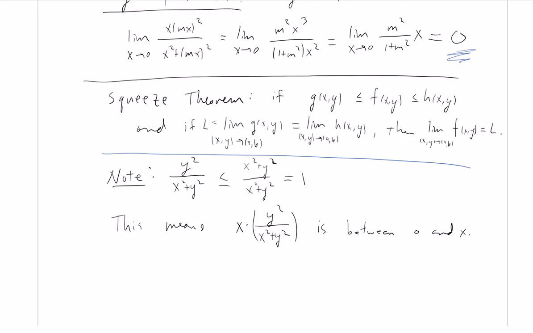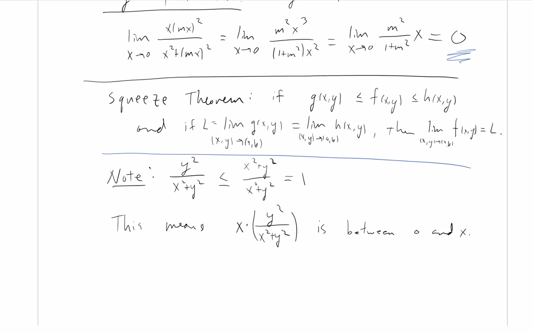So it looks like maybe we have our inequality right now. Maybe we can take g in the squeeze theorem to be 0 and h to be x. This thing is between 0 and x. But there's one problem with that. We don't know if x is positive or negative. So we don't know if 0 should be on the left or the right. If x were positive, then this would be fine.